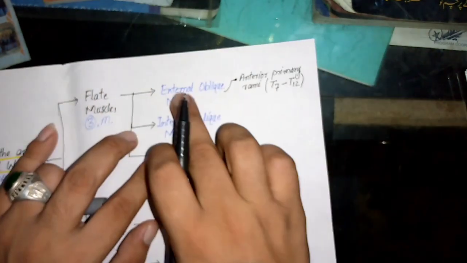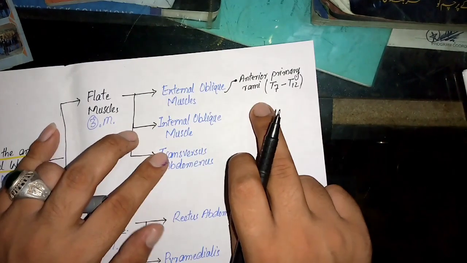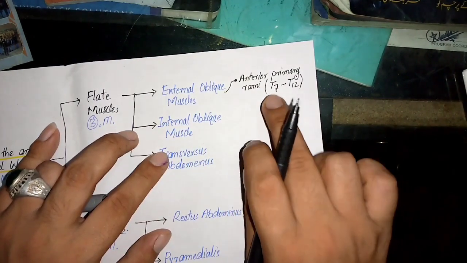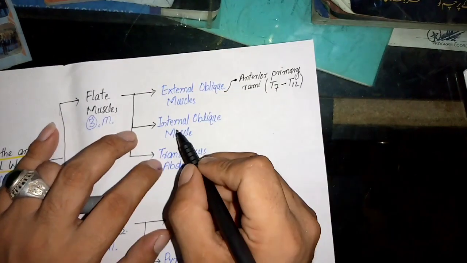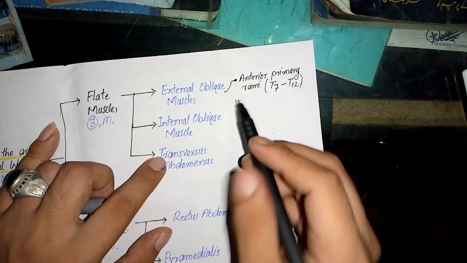So this is the nerve supply of the external oblique muscle: anterior primary rami, with nerve roots from T7 to T12.